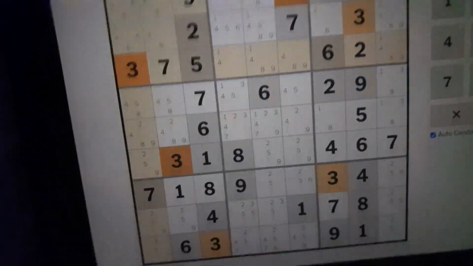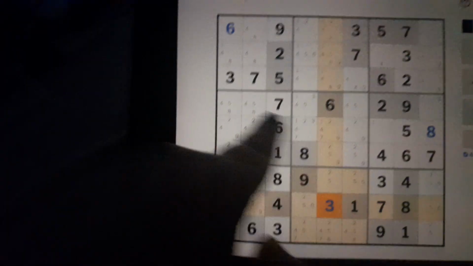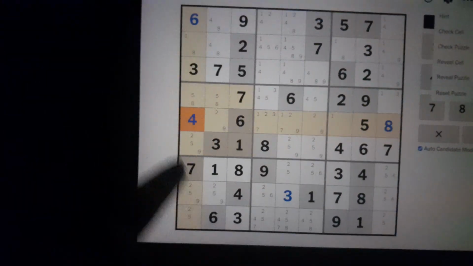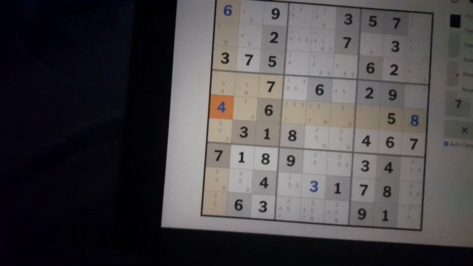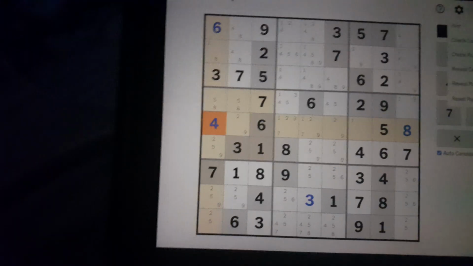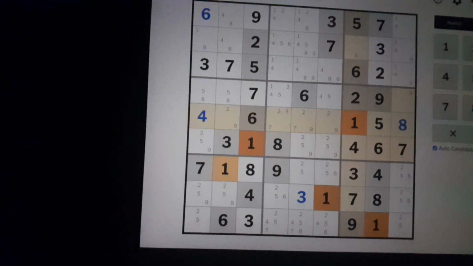Now, you can also reveal cells pretty much at random, however you want. I like to do that for fun sometimes. I just reveal around 4 random cells, but still kind of arranged in a circle and all of that. I literally just tap randomly and then tap reveal cell.